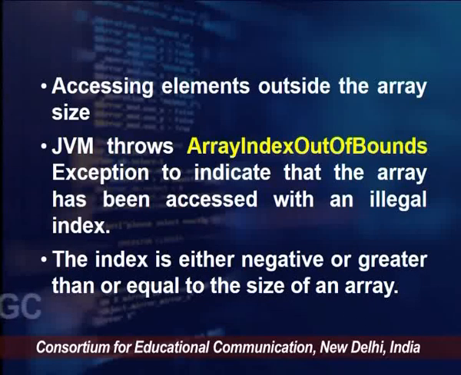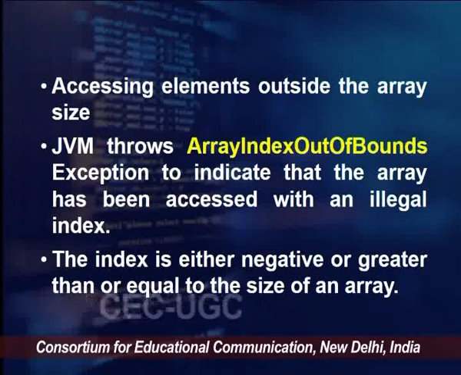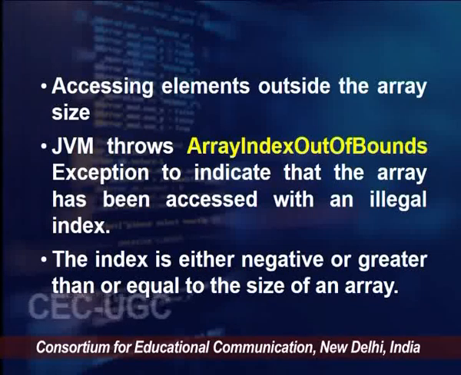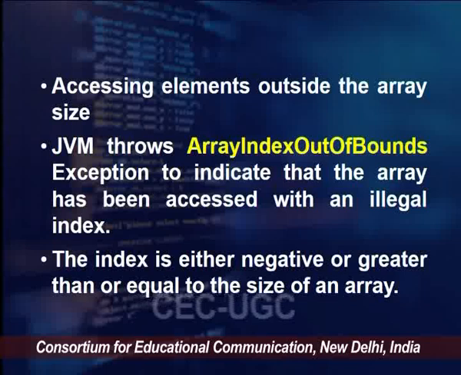So if the index is outside the range, to use simple terminology, the JVM is going to throw an ArrayIndexOutOfBoundsException. Now when I say illegal index, what could it be?